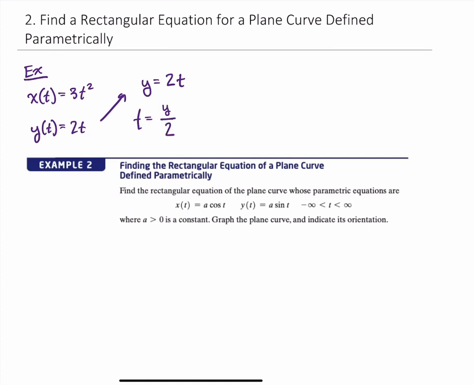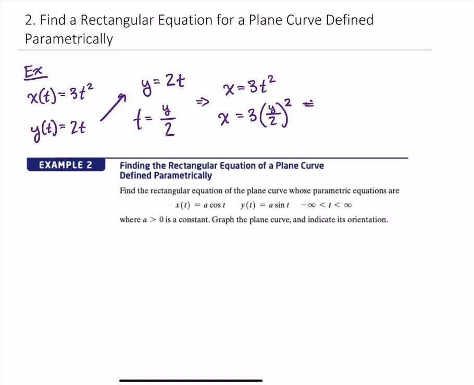I can then take this and plug it into the x equation. So I can replace t with this expression, since we're saying that x is equal to 3t squared. Let's plug in y over 2 for t, so 3 times y over 2 squared.